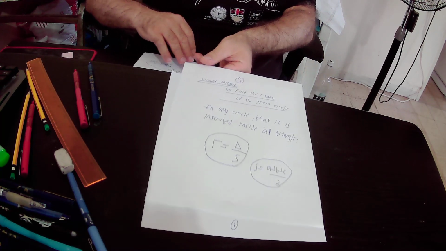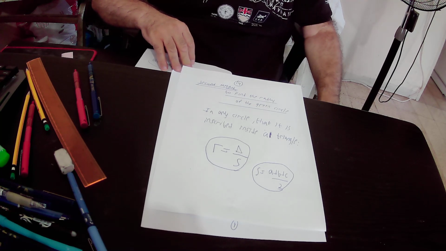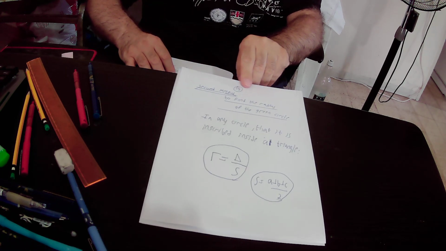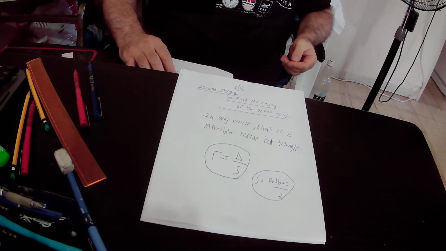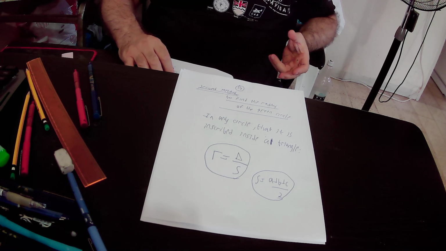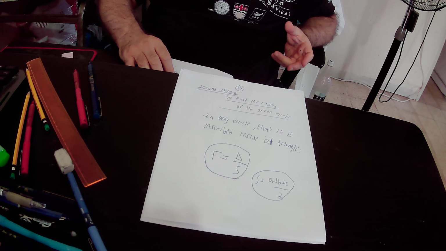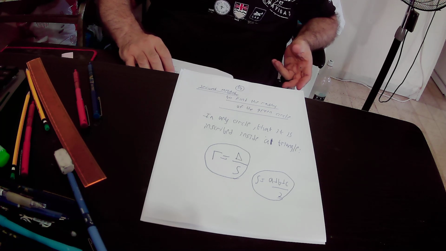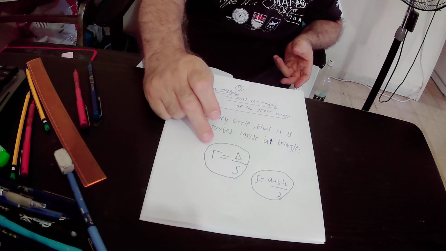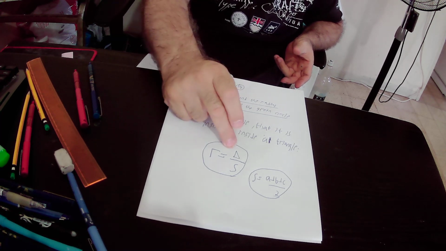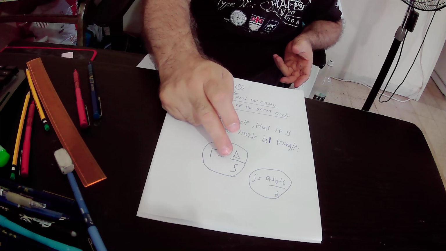the radius of the green circle, this green circle, in the second method. We know that in any circle that is inscribed inside the triangle, we can use this formula: the radius of that circle equals the area of the triangle over the semi-perimeter of that triangle.